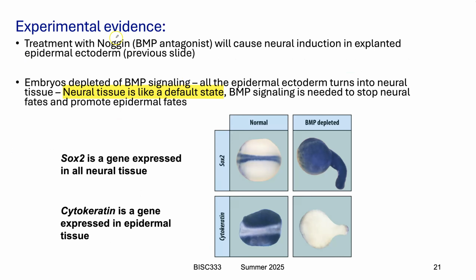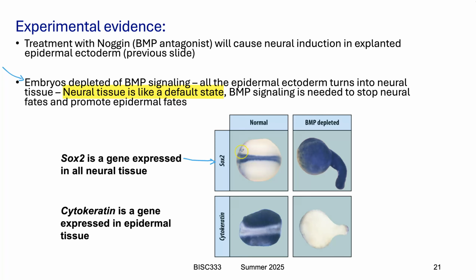Okay, so basically this is the experiment. Here's a normal pair of neurulas. This one has been stained with LacZ, and SOX2 is a gene that's expressed in neural tissue. Cytokeratin is a gene that's expressed only in epidermal tissue.